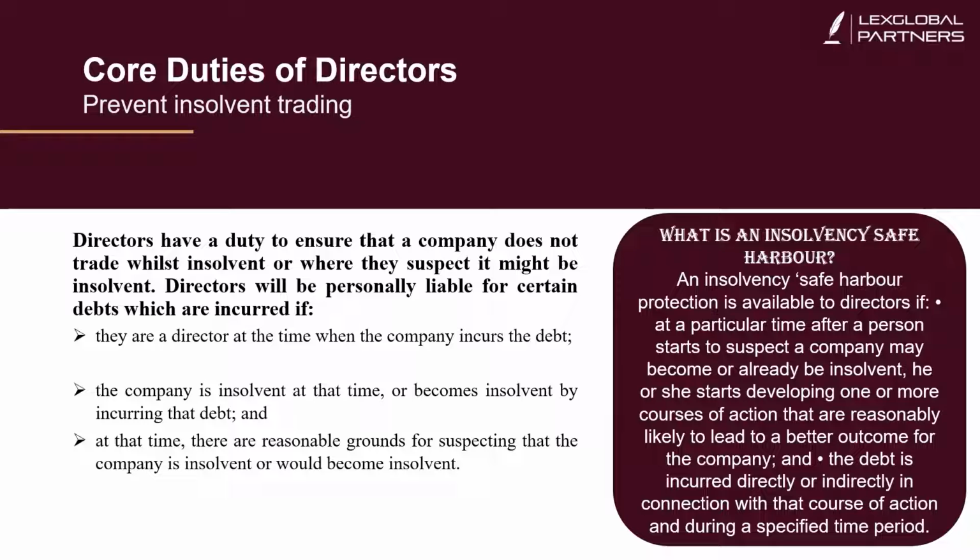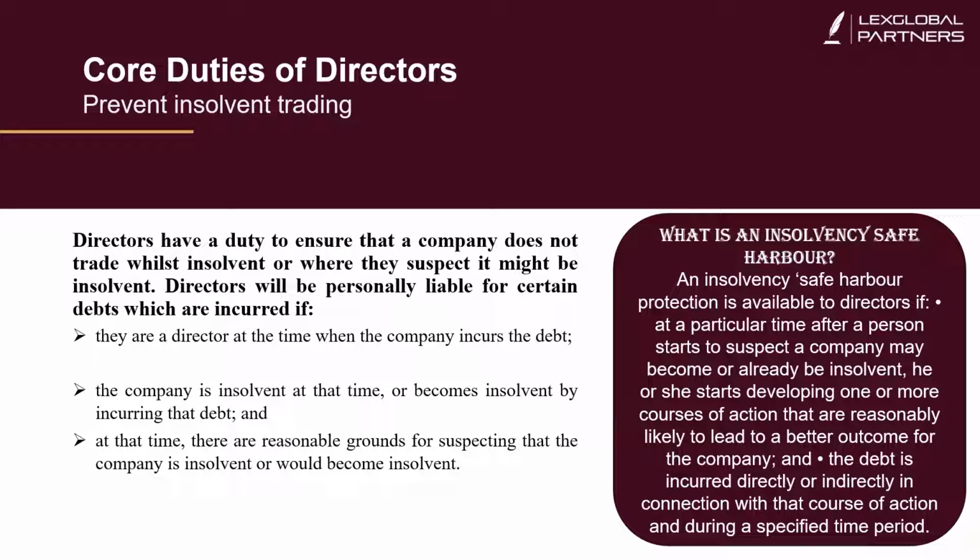So obviously, if someone is a current director but was not a director when the company borrowed or incurred the debt, and the company was insolvent at that time or became insolvent by incurring the debt, that director is not held accountable. Those are directors hired after the company actually became insolvent. The test is whether, at that time, there are reasonable grounds for suspecting that the company is insolvent or would become insolvent.